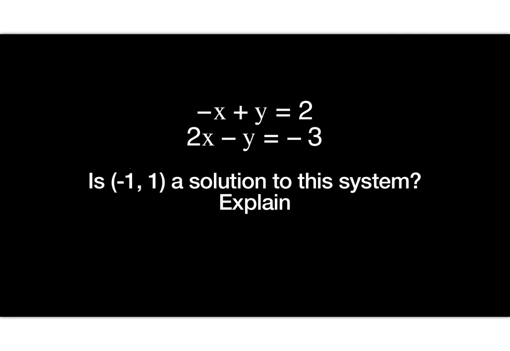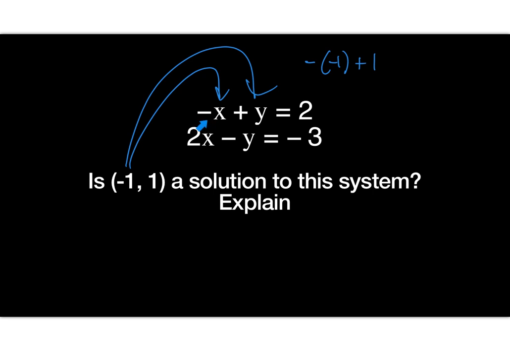So the process would be, plug those in. Negative x, so it's going to be negative negative 1 plus 1. Negative negative is a positive, so I have 1 plus 1, which is 2. So that one checks.